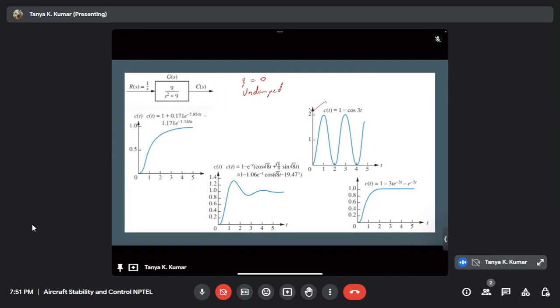Okay, I think with this we will end the session today. Does anybody have any doubts? Just try solving these 3 questions analytically.